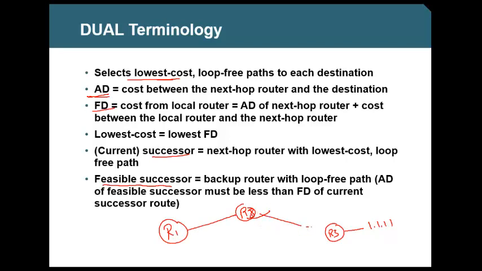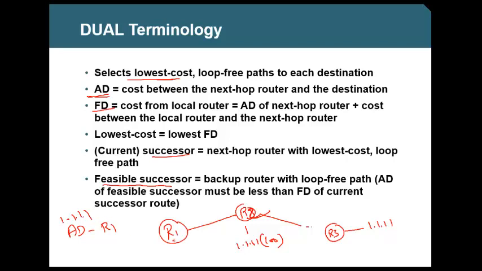So we have R1, R2 and R3. The metric of R2 to reach 1.1.1.1, let's say it is 100. That is what becomes an advertised distance for R1 to reach the network 1.1.1.1.